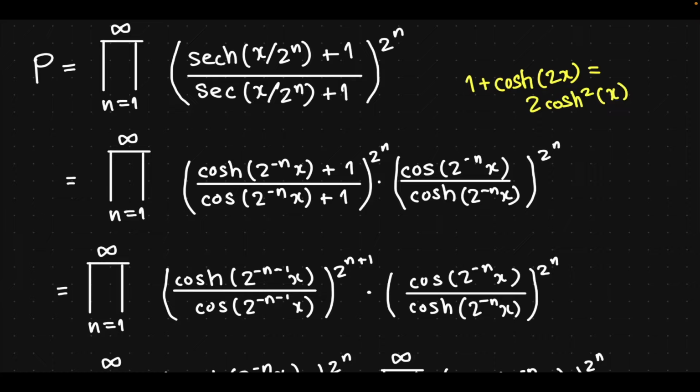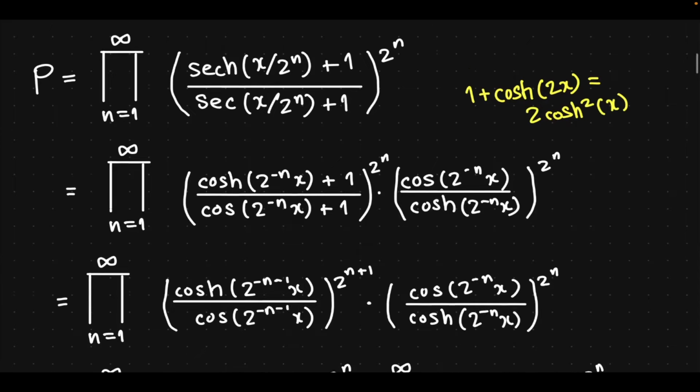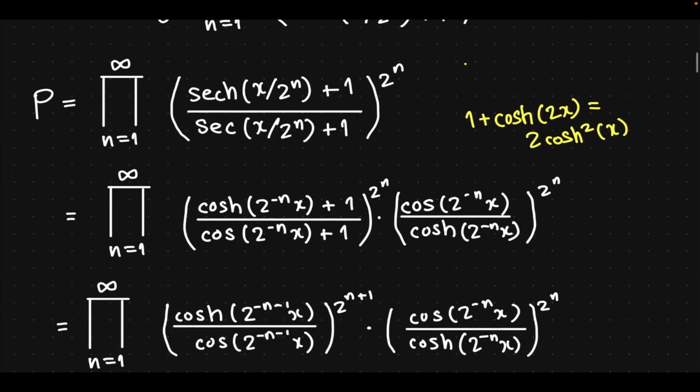So you see the angle has been halved and the function has been squared. Similarly, we have another one for the cosine: 1 plus cosine of 2x is 2 cosine squared x. Just the same thing. It's as if we just remove the h from the cosh. It's just the same identity.